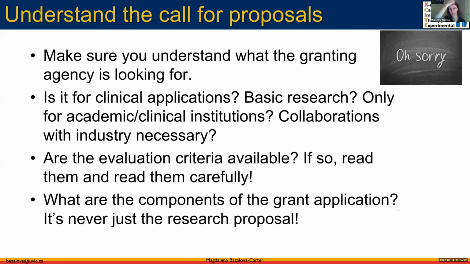So what you need to check also is, what are the components of the grant application? I still remember when I was writing my first NIH grant, I was so relieved when I finished my 12 pages. It was great. And then I thought I was going to be ready to submit it, and I realized there were 5, 6, 7 more documents that I had to submit, such as describing the institution and putting together my bio sketch.